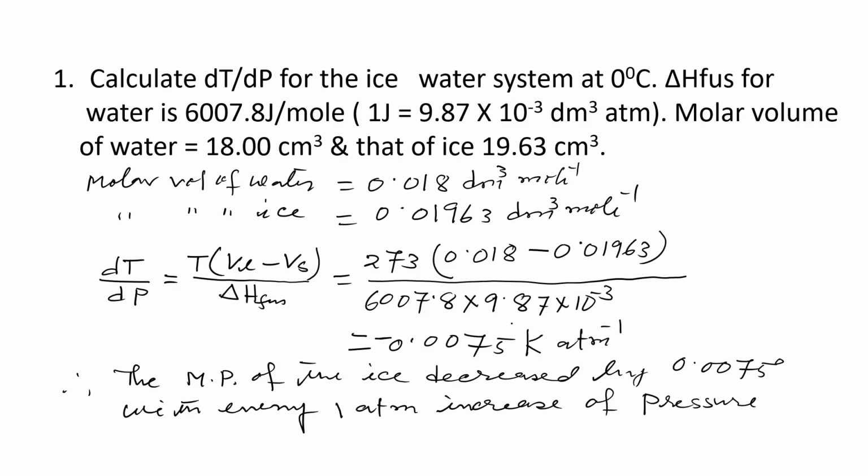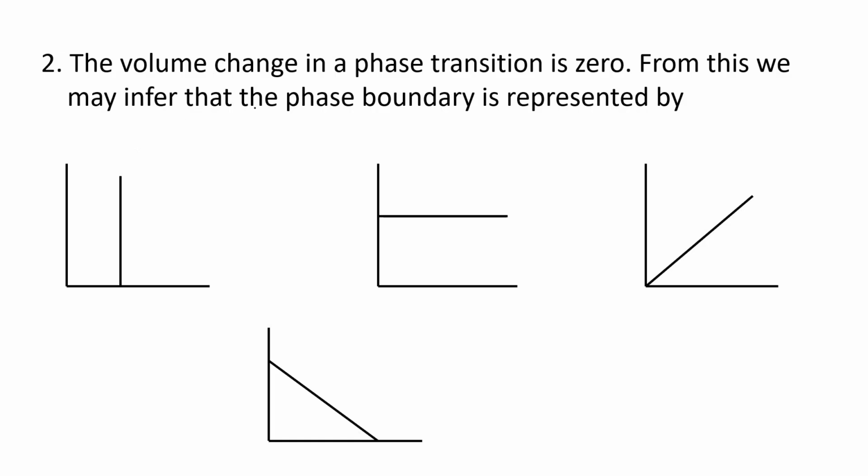So the melting point of the ice decreased by 0.0075 degree with every 1 atmosphere increase of pressure.